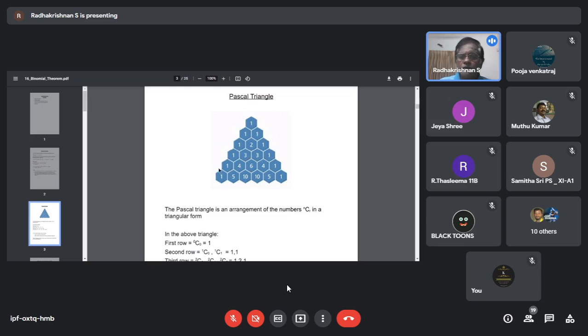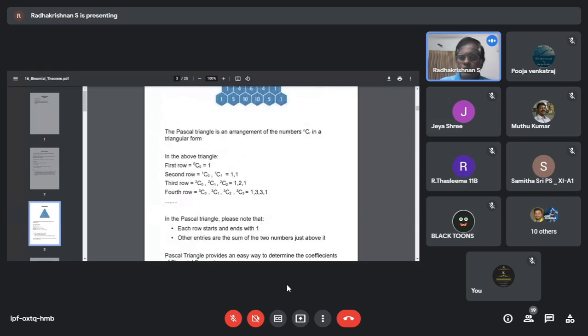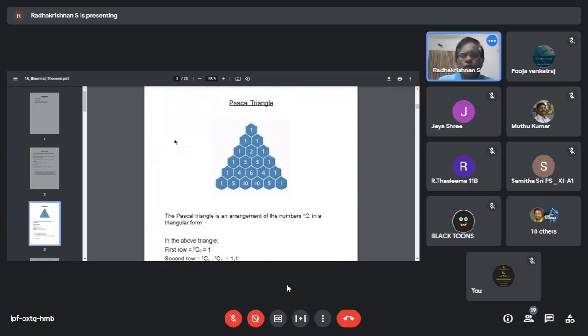The fifth row is 4C0, 4C1, 4C2, 4C3 and 4C4. So this helps you in easily constructing the values of NCR. In this way we can also calculate NCR. Okay, so let's go on.